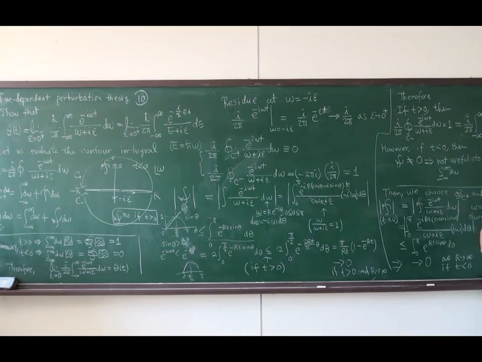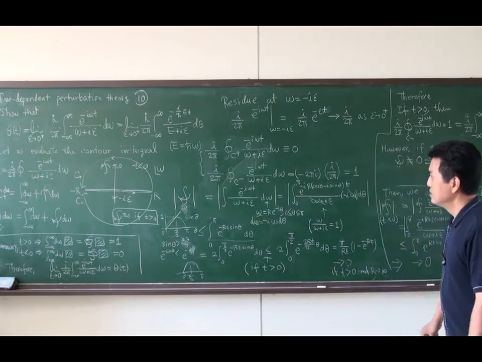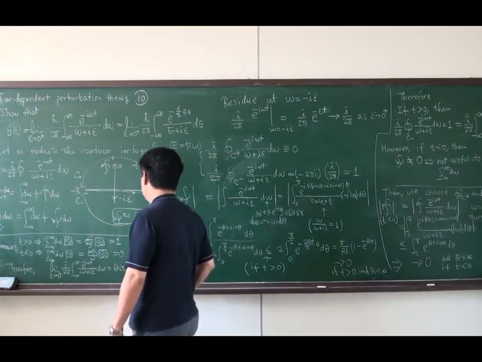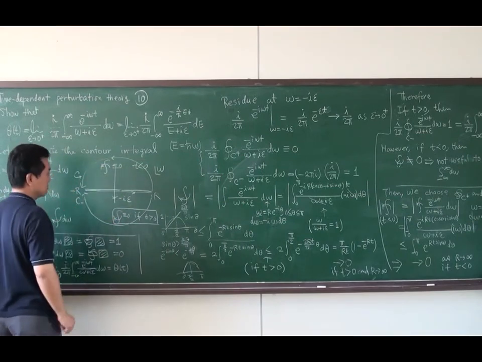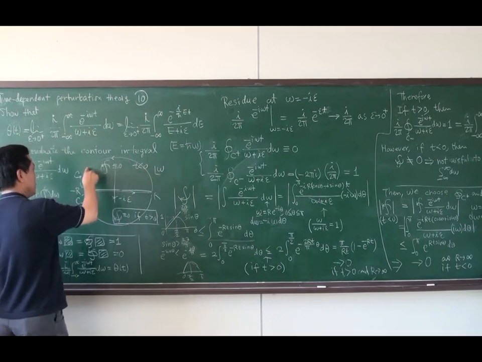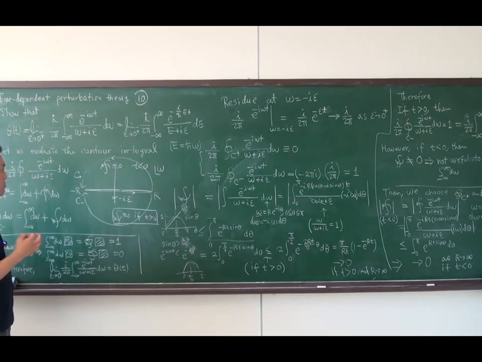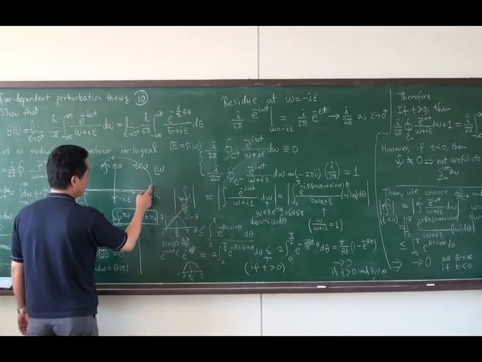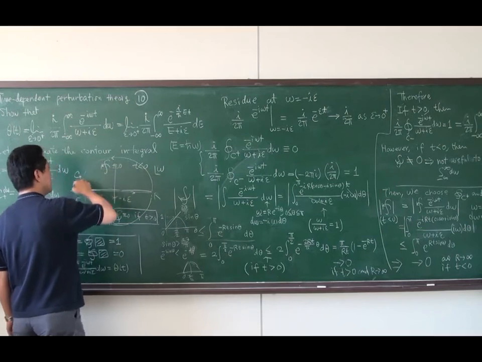Now we consider the case where t is negative. In that case, we just choose the upper semicircle to test. The whole integral along the closed contour, C plus, was 0. And we would like to show that the integral along the upper semicircle vanishes.